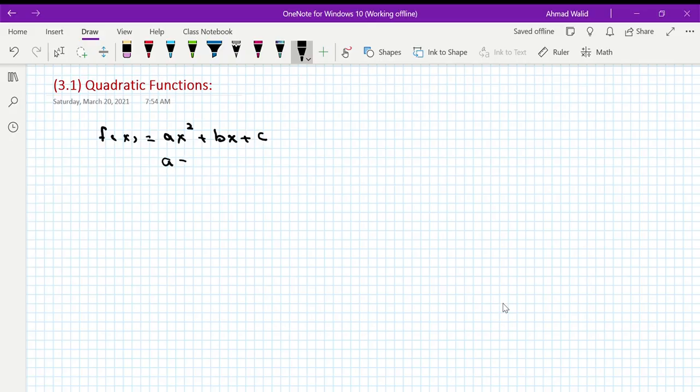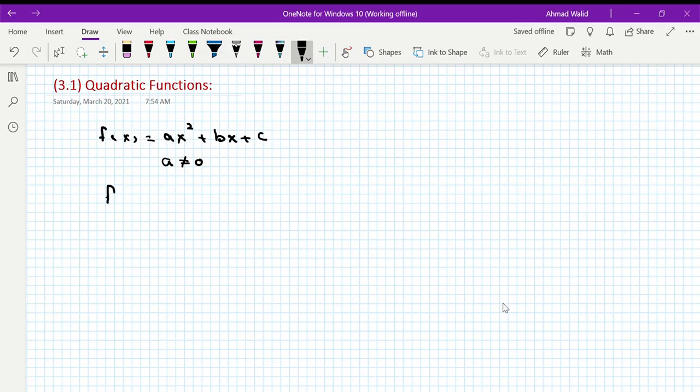Definitely a cannot be what? 0. Because if a becomes 0, it means it's not quadratic anymore. It means it becomes a linear equation. Correct?